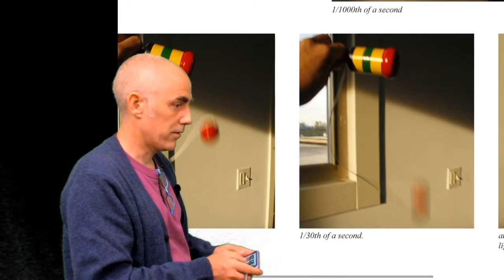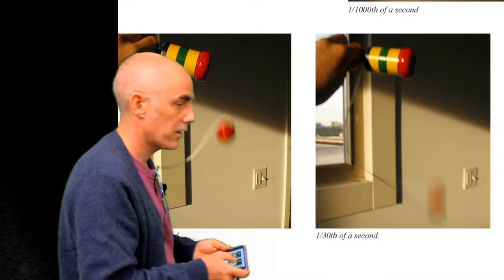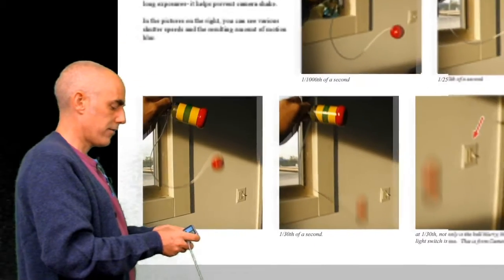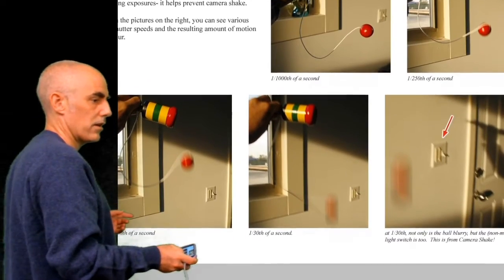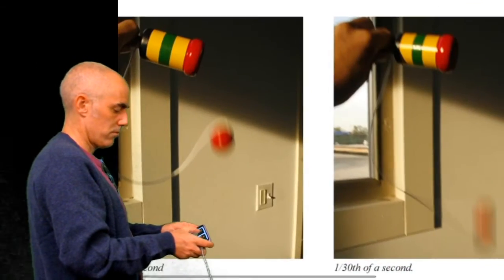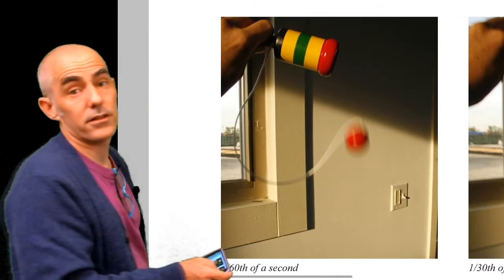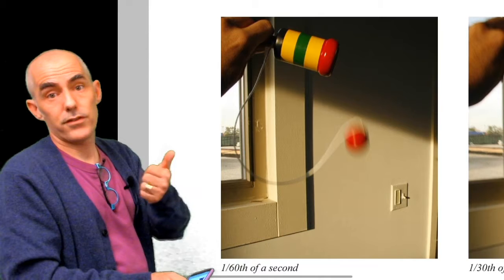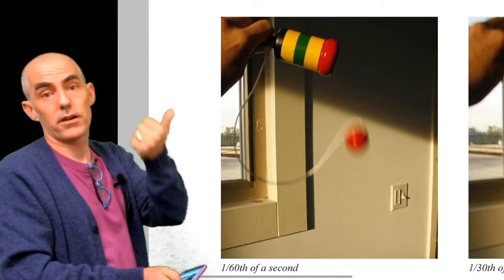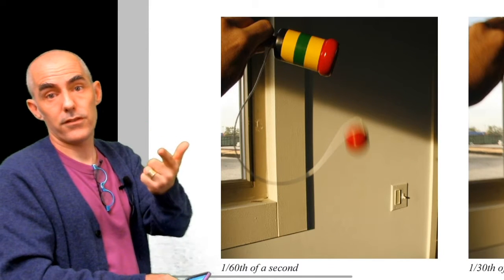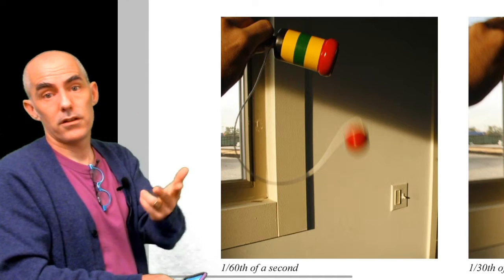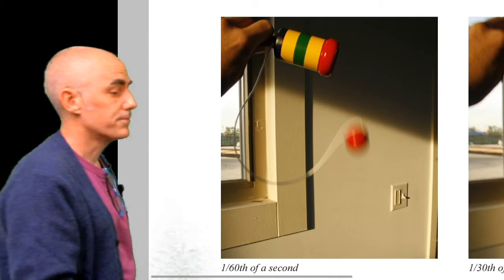Now let's go down to, that was a 250th. This is a 60th of a second. So 250th, twice as long, from a 250th to 125th, 125th to a 60th.